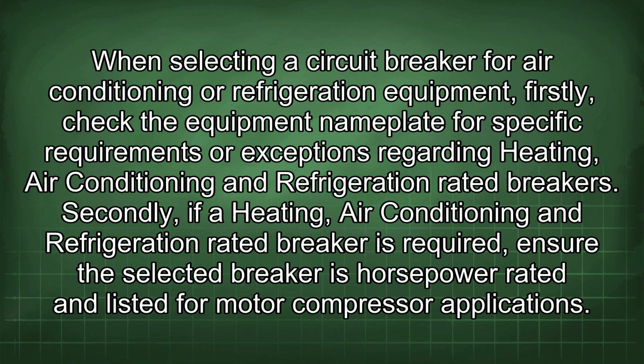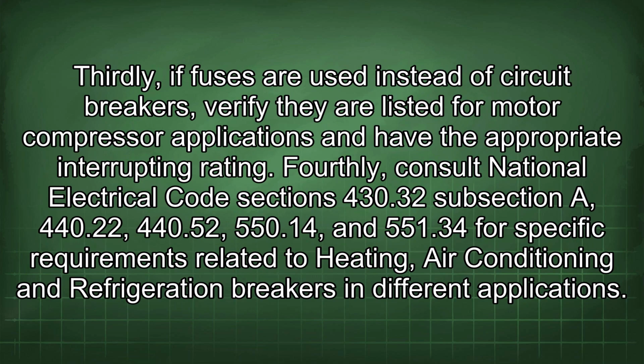Secondly, if a heating, air conditioning and refrigeration rated breaker is required, ensure the selected breaker is horsepower rated and listed for motor compressor applications. Thirdly, if fuses are used instead of circuit breakers, verify they are listed for motor compressor applications and have the appropriate interrupting rating.